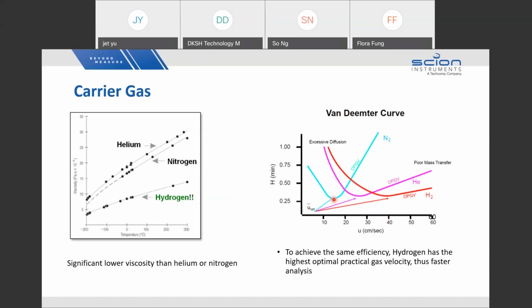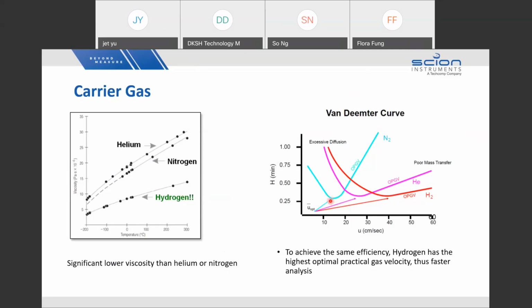Velocity is the distance traveled by the gas. It's not flow rate, because for flow rate you also have to consider the diameter, the ID of the column. So velocity means the distance traveled within a second. For nitrogen, you need to set around 15, plus or minus. This is the working range for nitrogen gas.